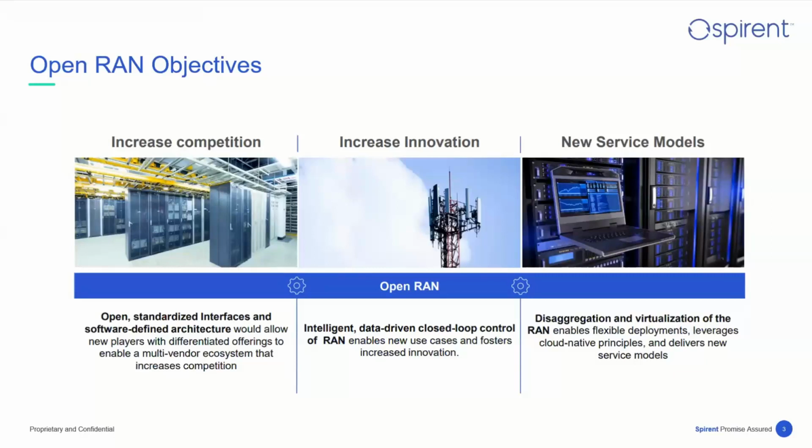And we are going to talk about some of the key use cases that RIC, which is a part of Open RAN, and especially driving intelligence based on AI and ML. We are going to cover a few use cases based on that.